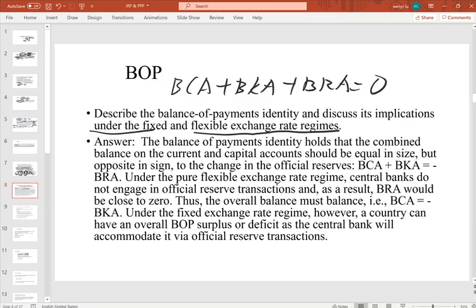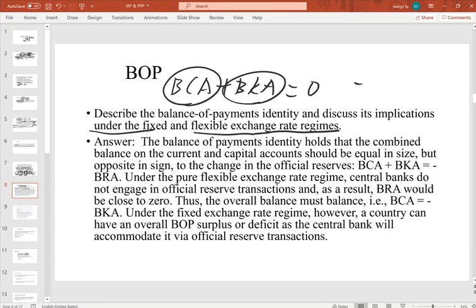And if we have a fixed exchange rate regime, this one will not be equal to 0. So we have the total three terms in these equations. However, if we have a flexible exchange rate regime, then this one will be gone. Only these two terms are left. Let's see the details.